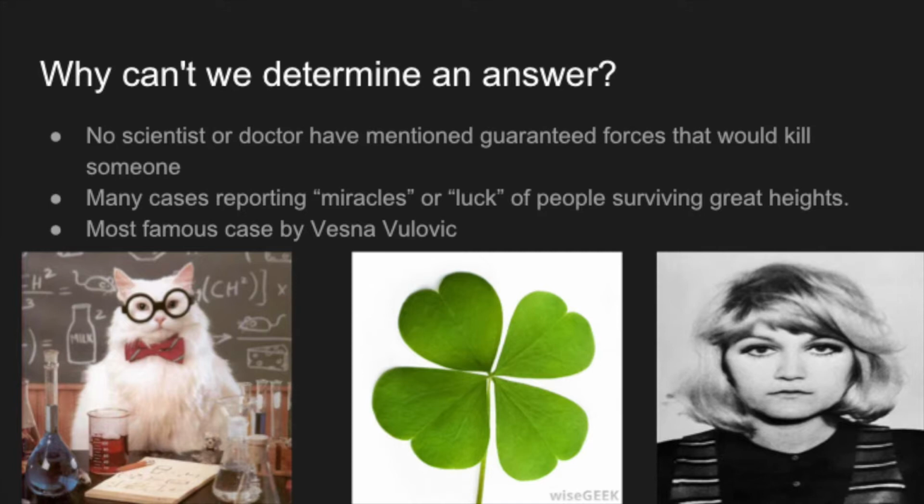And this is said because there have been many cases reporting miracles or luck, depending on people's beliefs, of people surviving great heights. This all really depends on the person.